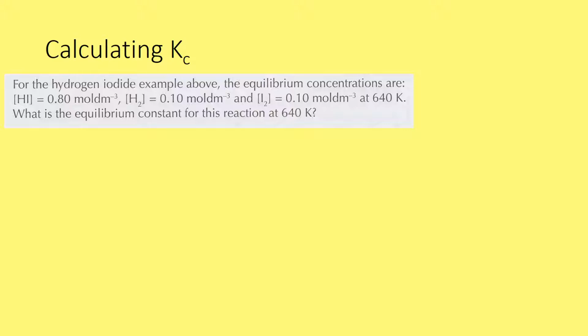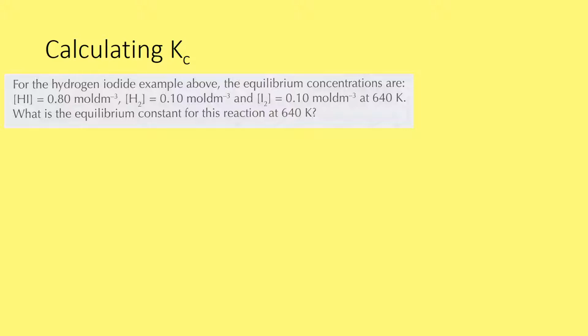Notice they give you a temperature in Kelvin, and the fact that it's 640 Kelvin doesn't matter. All they're saying there is that the temperature is constant, and so you don't need to worry about it. Okay, so the question is, what is the equilibrium constant for this reaction at that temperature?